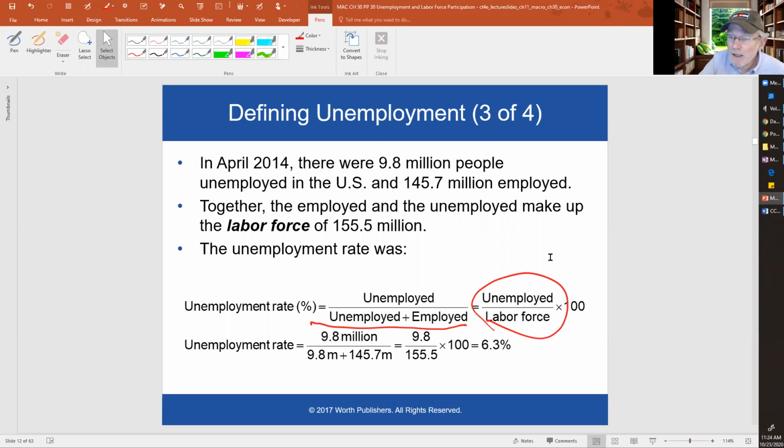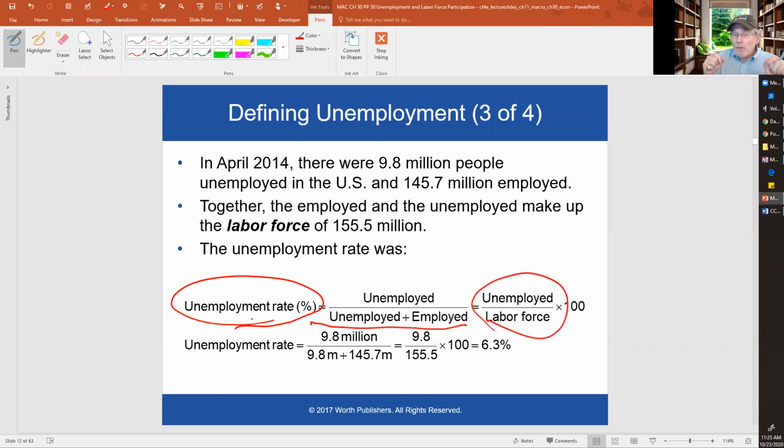Calculating the unemployment rate is not hard, but it provides you with a lot of opportunity to make mistakes, so you just have to be sure that you know what you're doing. Here is the definition of the unemployment rate. Before, we were talking about the number of unemployed workers, which is how many there are: 1 million, 2 million, that's a number.